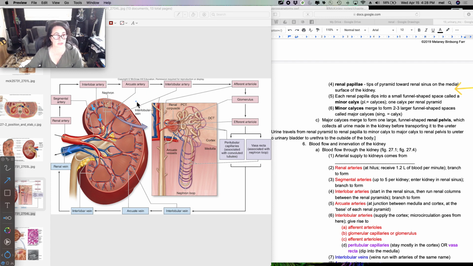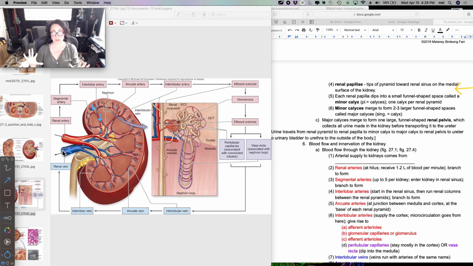Now we'll do the venous flow back. And the venous flow back, take it from anyone, and it goes interlobular vein, arcuate vein, right? Interlobar vein, this should be called the segmental vein, but it's not. Back to the renal vein, and then back to the inferior vena cava.